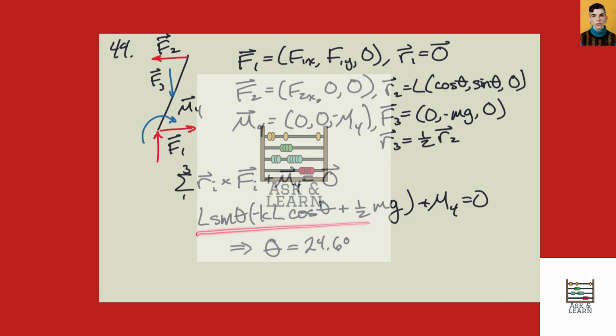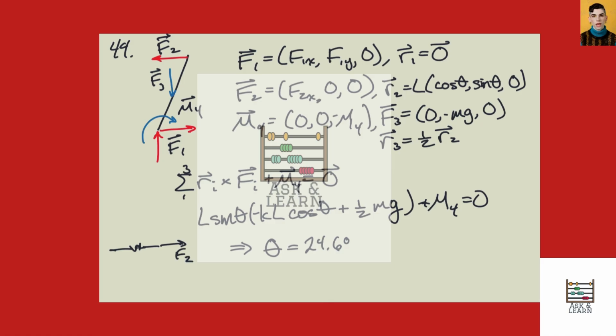If we go through it and plug everything in, we wind up finding that this gives us L sine theta times the quantity minus KL cosine theta plus 1/2 mg, and then all plus M4 equals 0. Obviously, I've used the spring constant in here. So we have the spring over here, and this is F2.